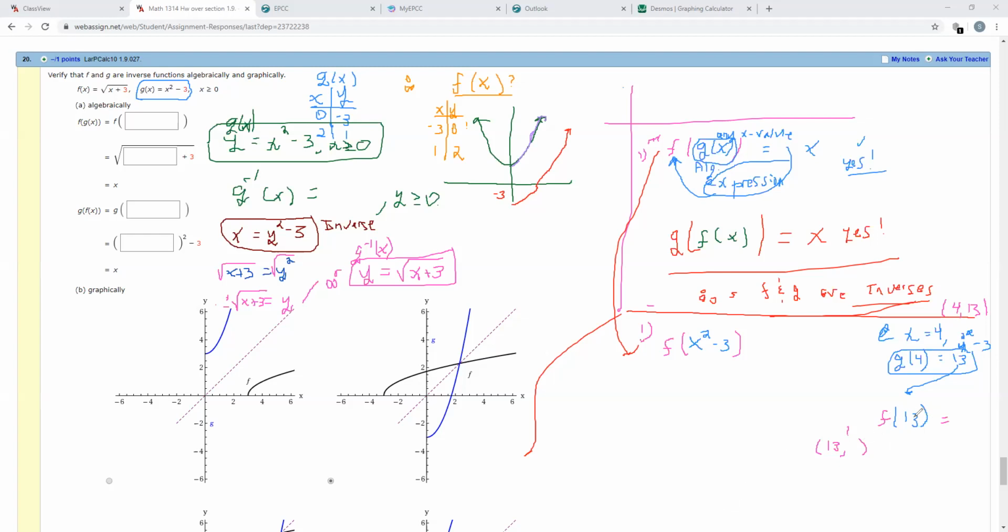So if you put 13 into F, F is the square root of x plus 3, but instead of x plus 3, we put 13 plus 3, and 13 plus 3 is 16.